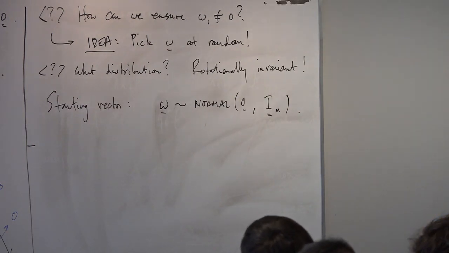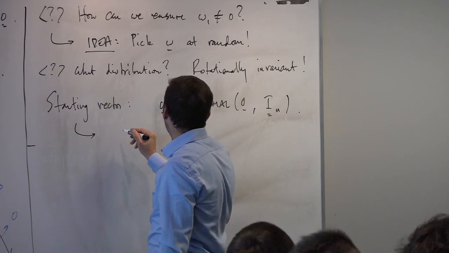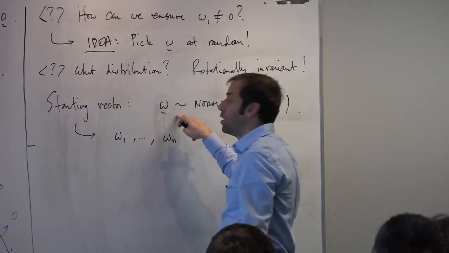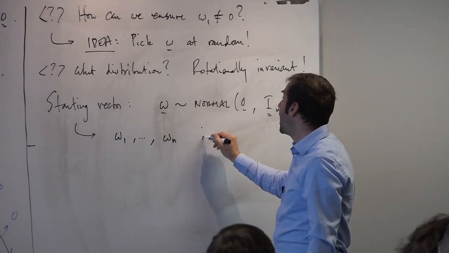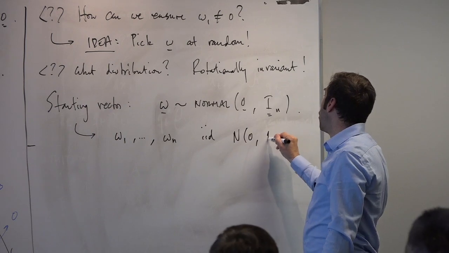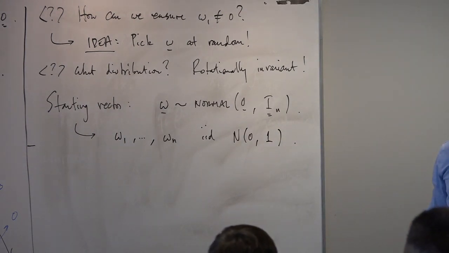And the key fact is that omega 1 up to omega n, the coordinates of omega, are IID normal 0, 1 random variables, regardless of the choice of the eigenvector basis.